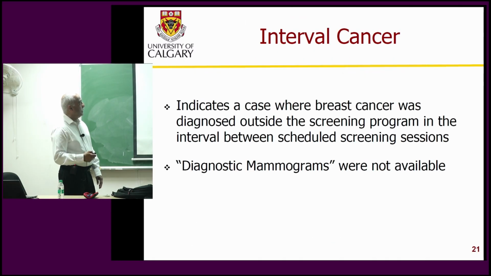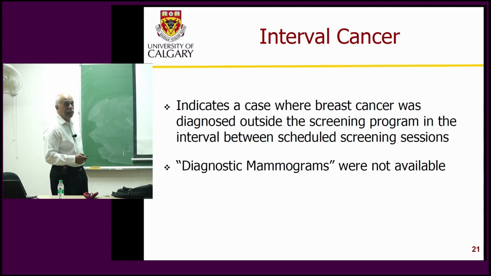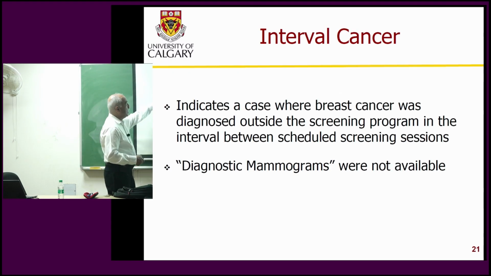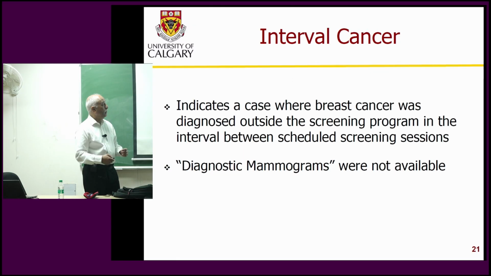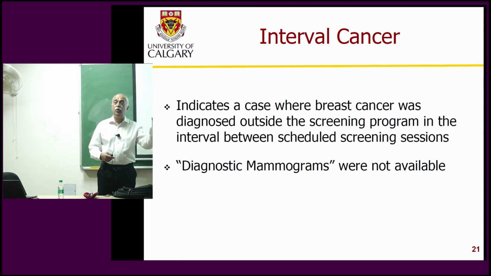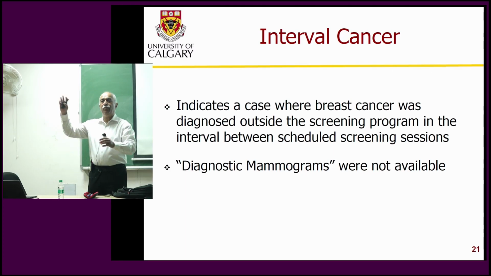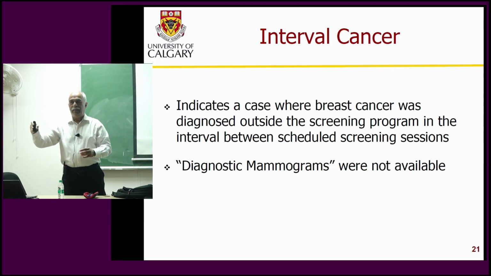And interval cancer, I said, is another kind of situation where it is even more difficult, in the sense that breast cancer was diagnosed outside the screening program, in the interval between two scheduled screening sessions. So the screening program has old mammograms, but the woman went somewhere else and cancer was diagnosed.